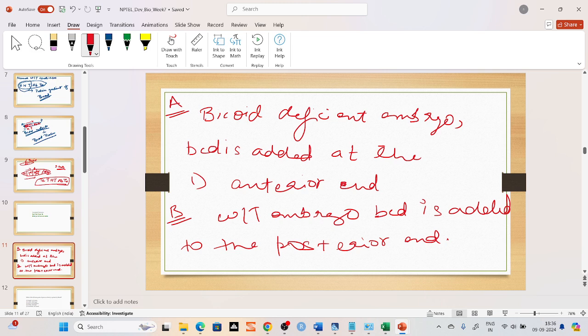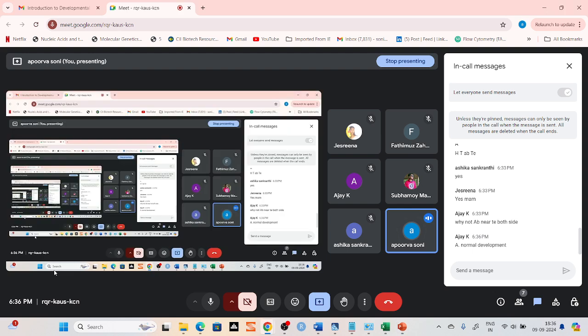Okay, I am giving you 5 minutes to solve this question. Let's see whether you are able to understand the concept or not. See, Ajay, if you know the answer, please at least wait for 5 minutes so that other students can also think and answer, because I don't want anybody's answer to get influenced by the answers that have already been written on the message box.